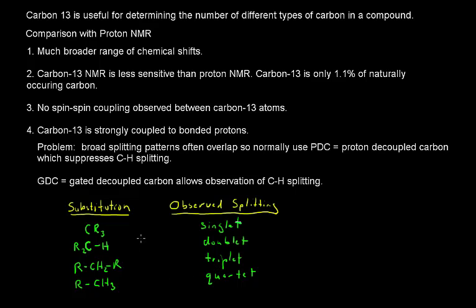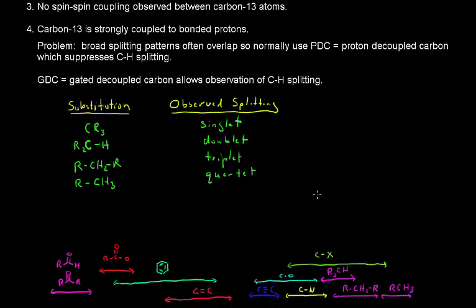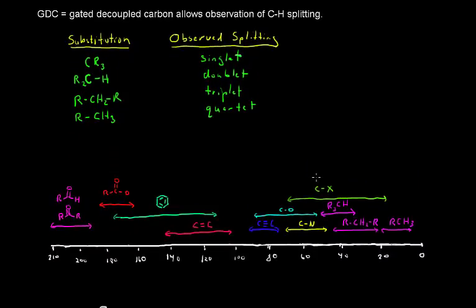So it's similar to the n+1 rule in proton NMR, except now we're observing splitting between a proton that's directly bonded to the observed carbon, and there's always one more resonance in our splitting pattern than the number of protons bonded to that carbon. So one more example below.